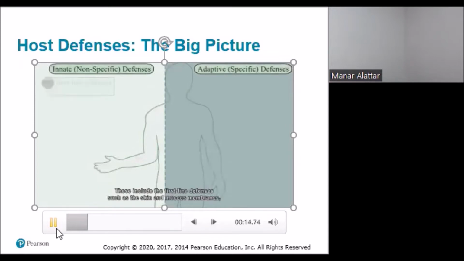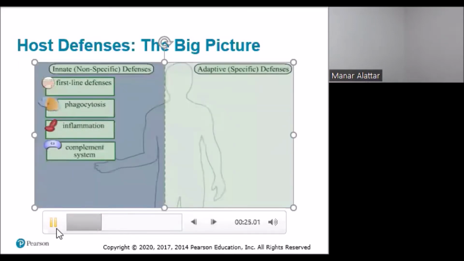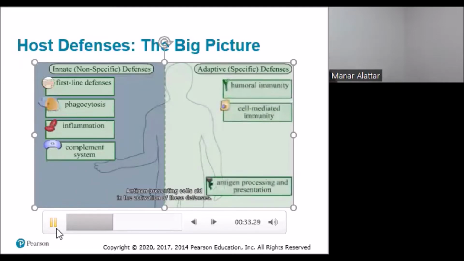These include the first-line defenses such as the skin and mucous membranes, phagocytosis of microorganisms, inflammation, and the complement system. The human body has two main divisions of adaptive defense: humoral immunity and cell-mediated immunity. Antigen-presenting cells aid in the activation of these.